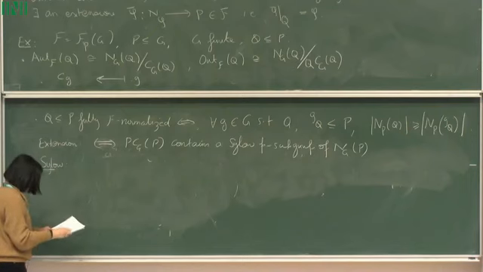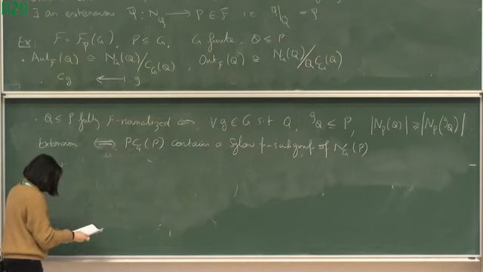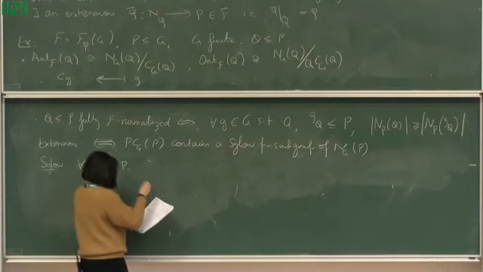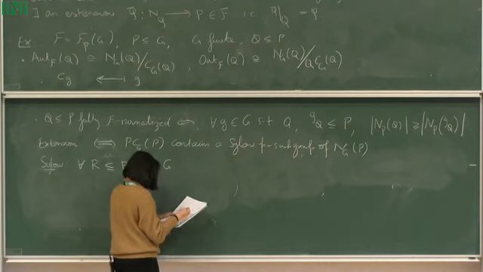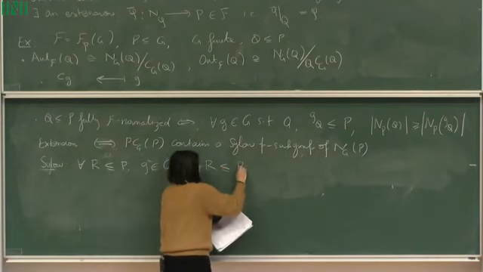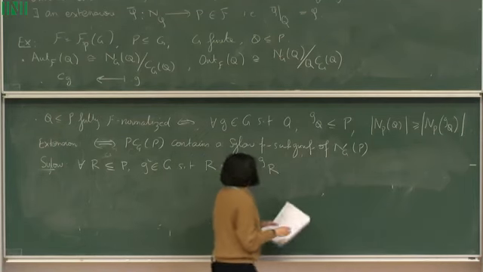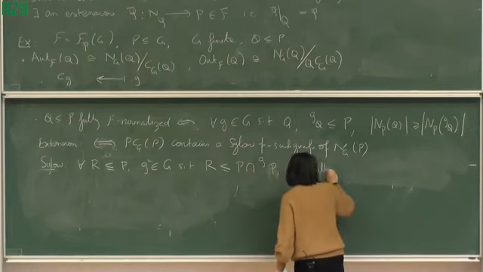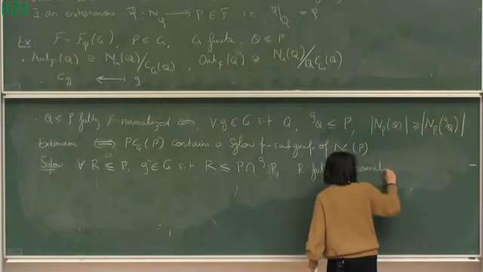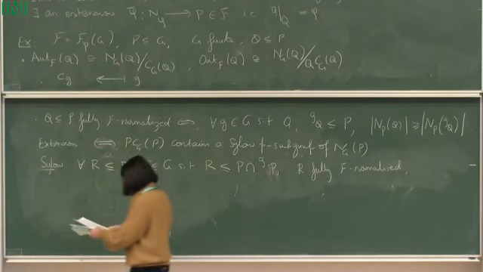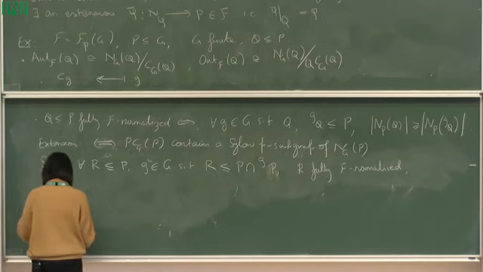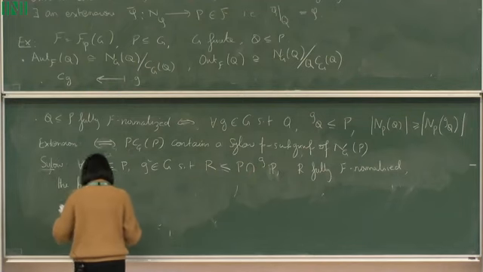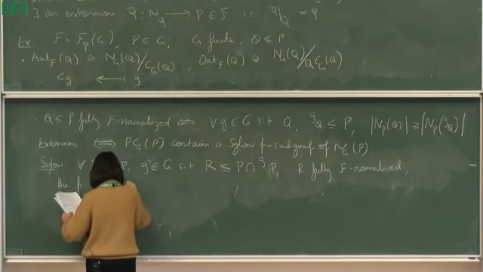And what is the extension axiom becoming? If you do a little bit of gymnastics again, this becomes: for every R inside P and every g element of G such that R is inside both P and gP, and R fully F-normalized, and I won't repeat what that means in this group theoretic situation, we have that the p-group N_φ, which I have not written what it is in general, but it's a relation here.